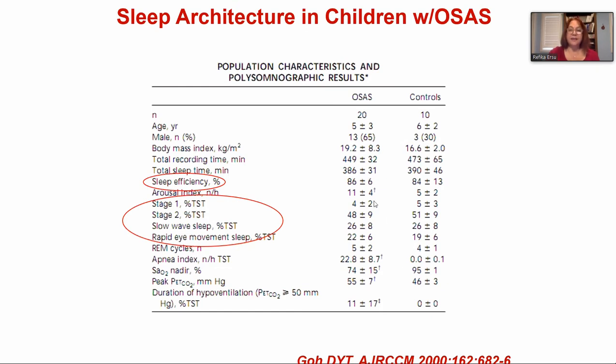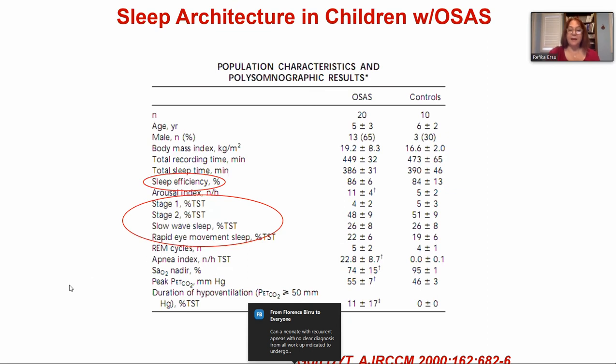So this was again an older study, but I quite like it because there are not many studies like that showing that obstructive sleep apnea and controls have similar sleep efficiency and similar time spent in each sleep stage. So, we already reviewed that.